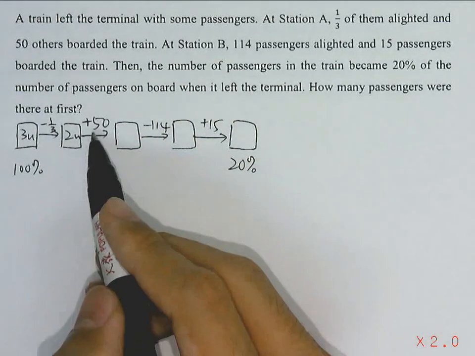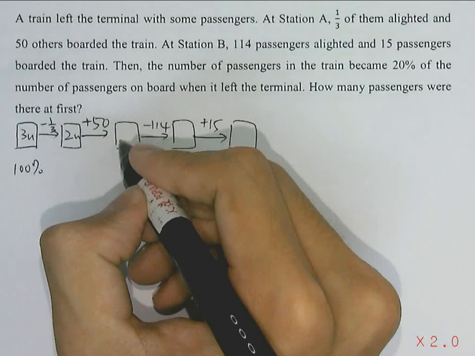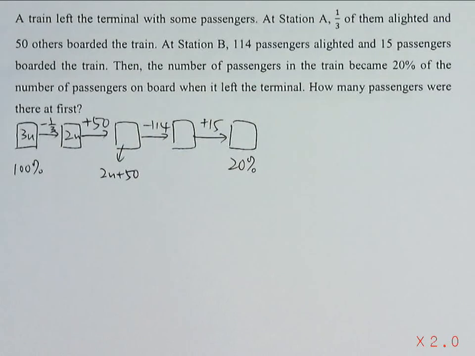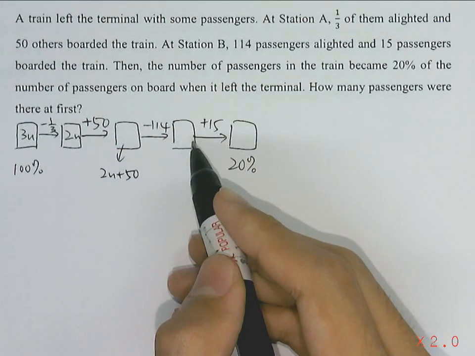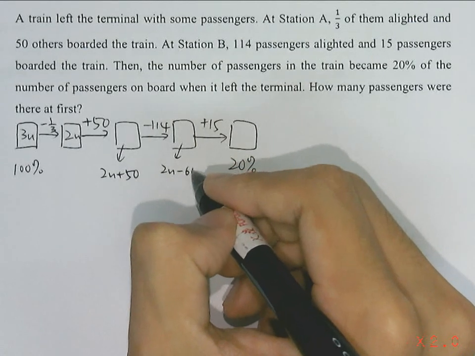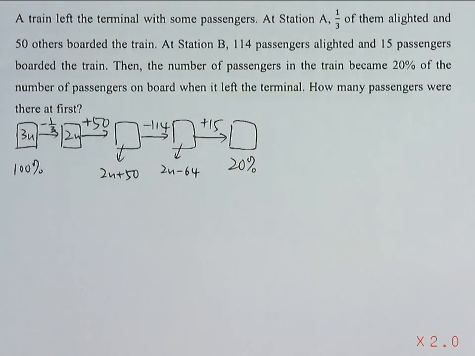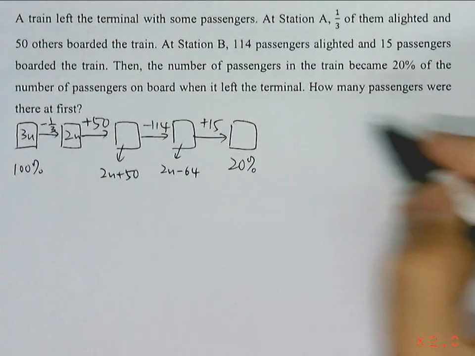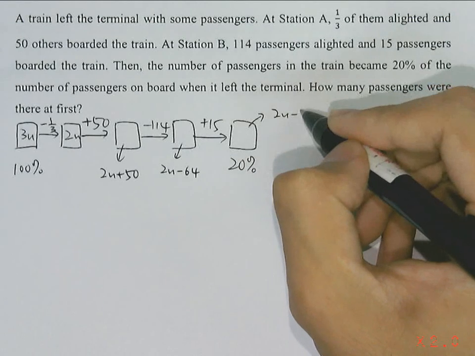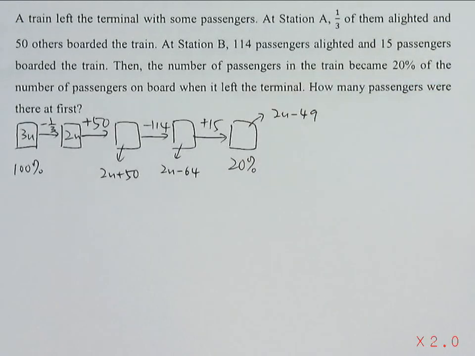And after increasing by 50, our number of passengers here will be 2 units plus 50. Alright? And after losing 114, we will be left with 2 units minus 64 passengers. And if we add another 15, the number of passengers in the end will be 2 units minus 49.